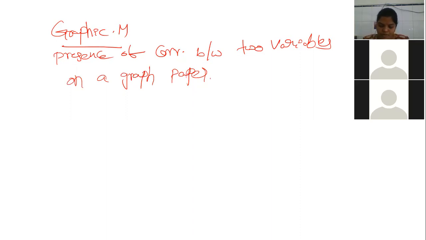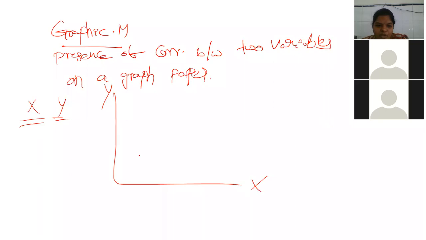The individual values of two variables x and y are plotted on a graph paper. See, this is the x and this is the y. So we have some values. If you plot these values, after scattering them, you may join those points.